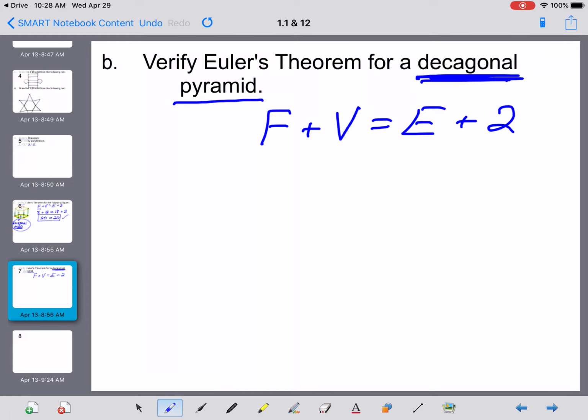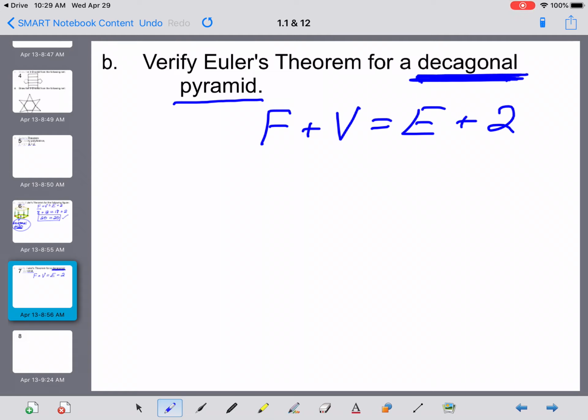So in terms of counting the number of faces, we have one base down on the bottom, and then every pyramid goes up to a point on the top, a peak, and those sides are always going to be triangles. So the question now is, how many triangles do we have going from the base, should be down here somewhere, and like I said, I'm not going to draw the whole thing, but going up to the top? Well, every side of your base gets a triangle sticking out of it.